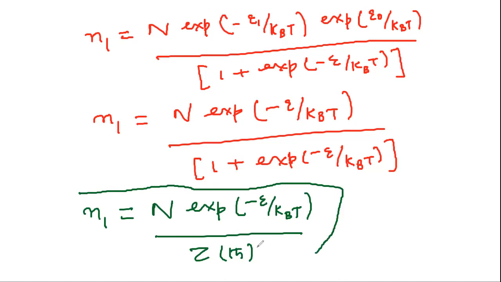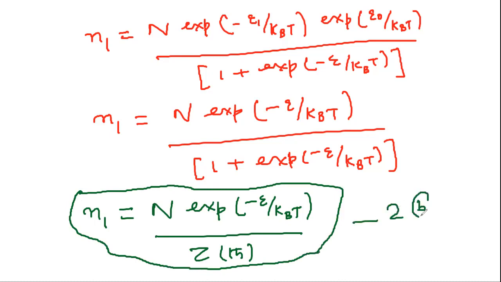Let me first encircle. I call this 2b: N exponential of minus epsilon by kBT, kB being the Boltzmann constant, divided by Z thermal is 2b.